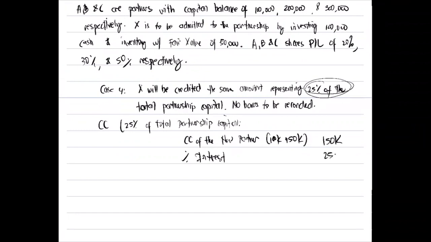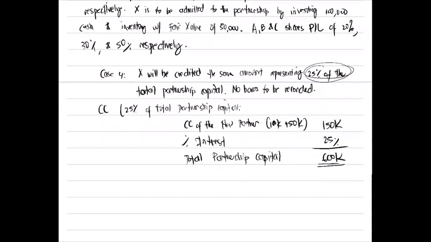We divide it to the interest of 25%. So 150,000 divided by 25% is equal to 600,000. So this is your total partnership capital.